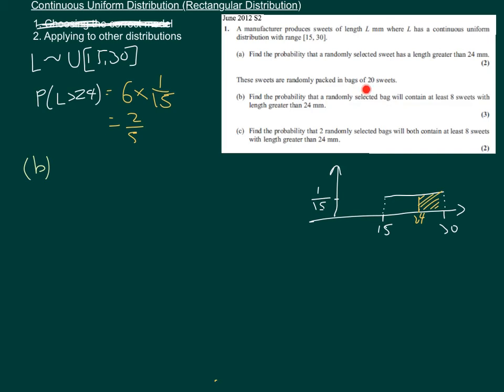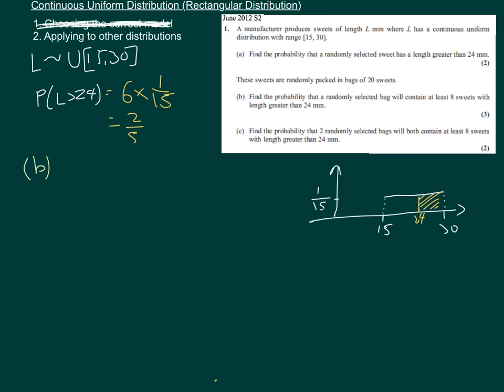All of these sweets are packed into bags of 20, and we need to find the probability that one bag will contain at least 8 sweets with length greater than 24 millimeters. So we've got a sample of 20 sweets, and we need to find the probability that 8 or more would be greater than 24 millimeters.